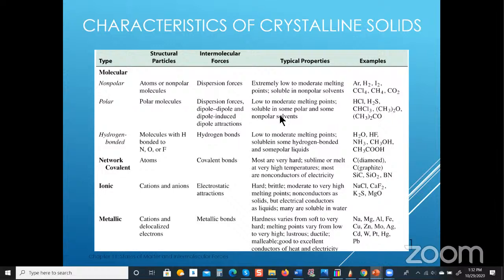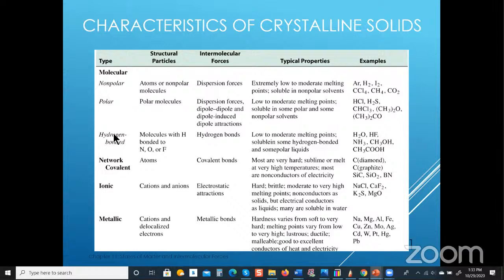In terms of solubility, and I should have mentioned this in the case of nonpolar substances, nonpolar substances tend to be soluble in nonpolar solvents, all right? But in the case of polar substances, they tend to be soluble in some polar and in some nonpolar solvents. So what you'll find is that there's an increase in solubility of polar substances when it comes to polar solvents, all right? Some examples are shown here of polar substances.